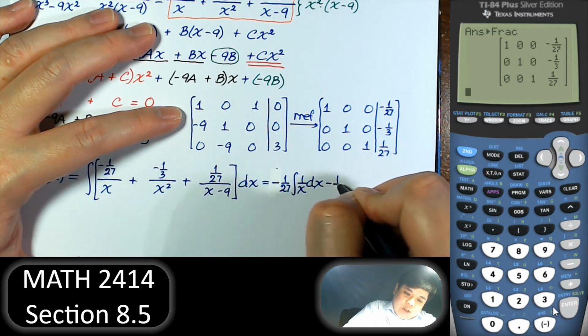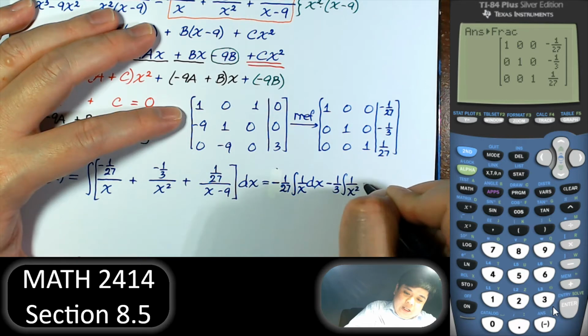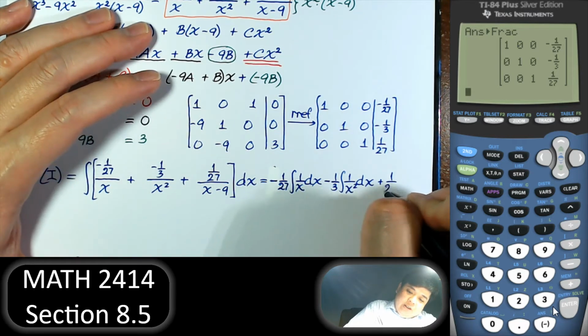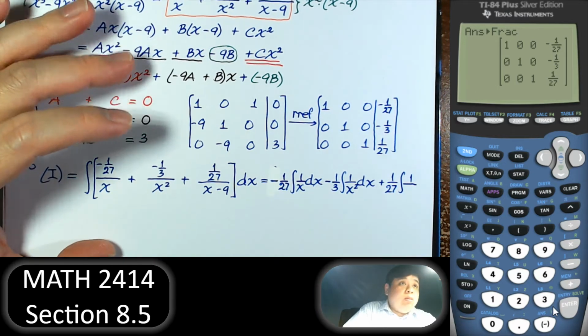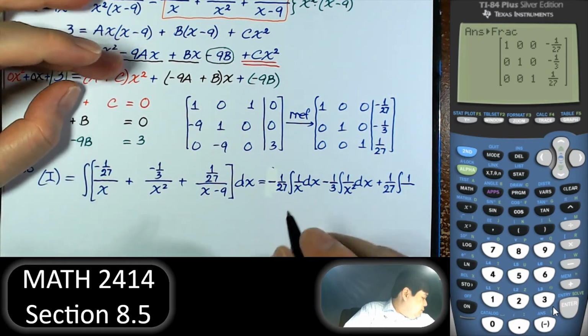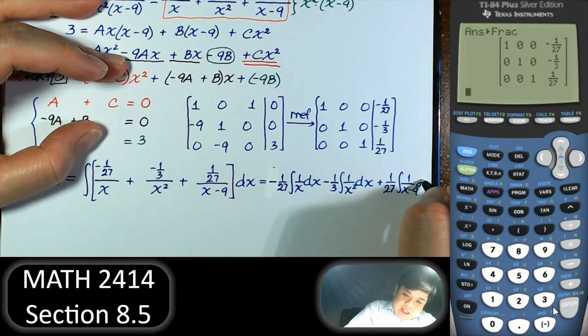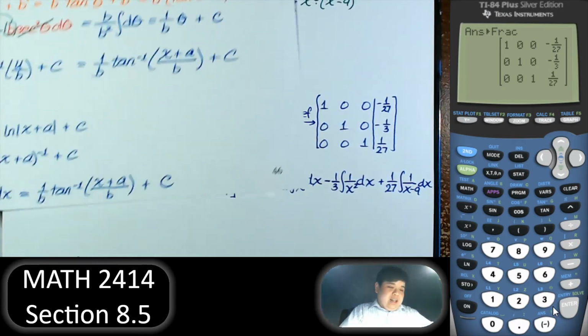Negative 1 over 3, integral of 1 over x squared dx. 1 over 27, integral of 1 over x minus 9 dx. Right, so we have that, and that's why we did this earlier.